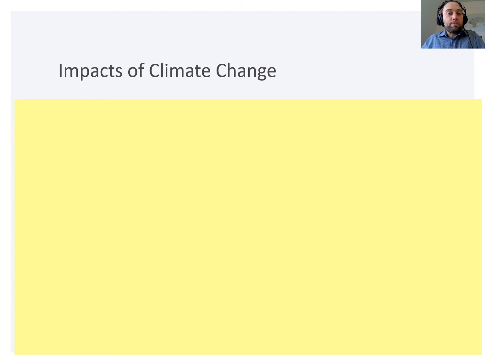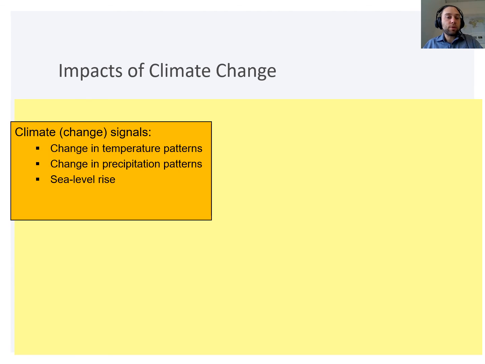Let's talk about impacts of climate change. So far we mainly have talked about so-called climate change signals. So changes in temperature patterns and precipitation patterns, maybe also sea level rise, which are the primary signals that something is changing in our climate.